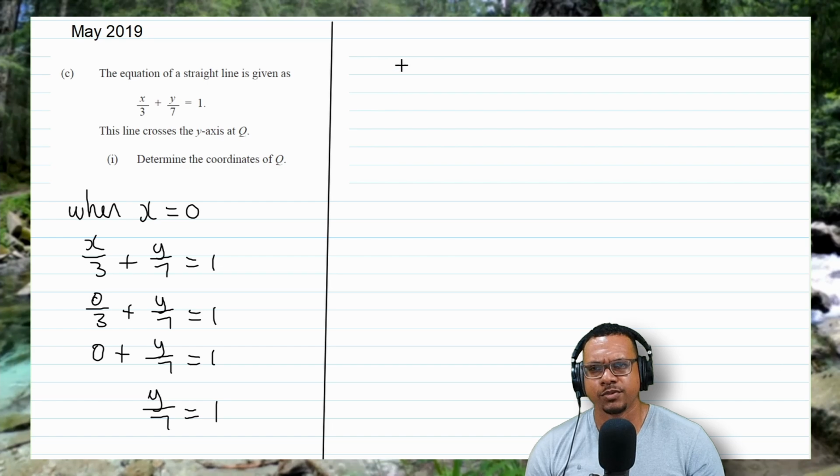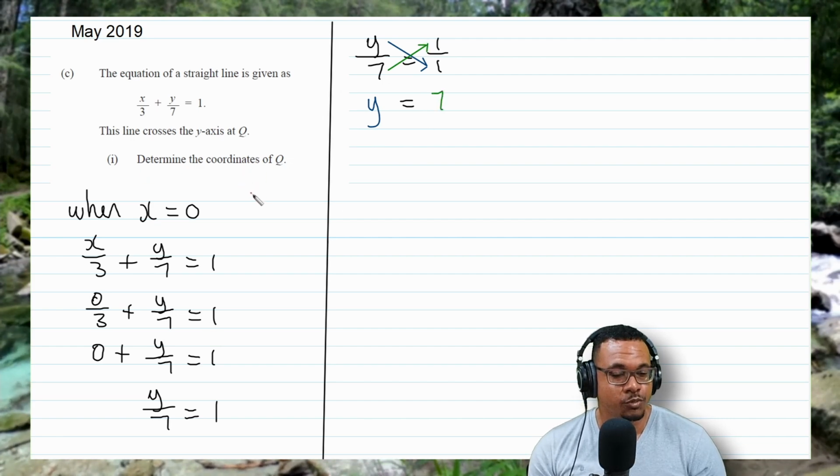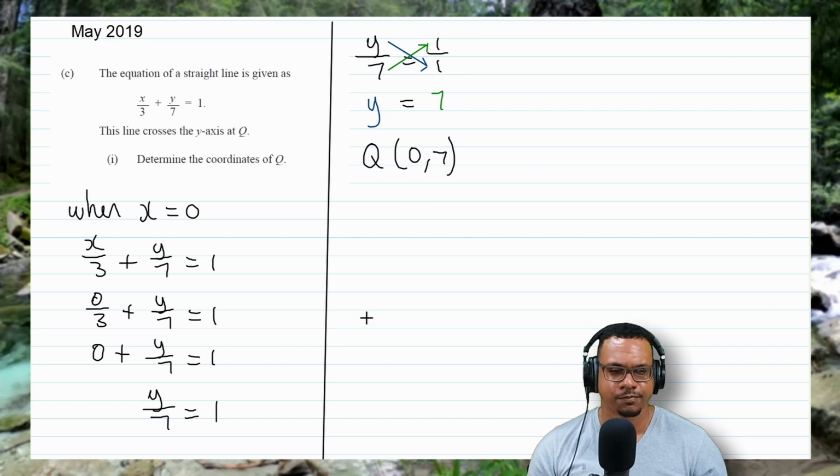What I could do is simply write this as y/7 is equal to 1/1 and cross multiply. So I'll have y by 1 is just y, and 7 by 1, which is just 7. Now for the coordinates, you need to state both the x and y components. So the x component will be 0 and the y component will be 7. So Q would be (0, 7), which is the y-intercept.